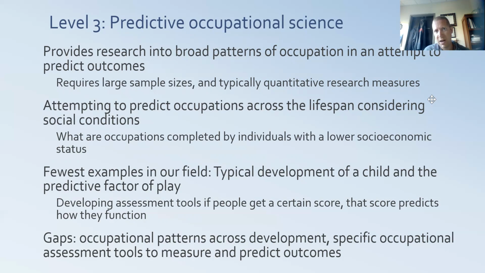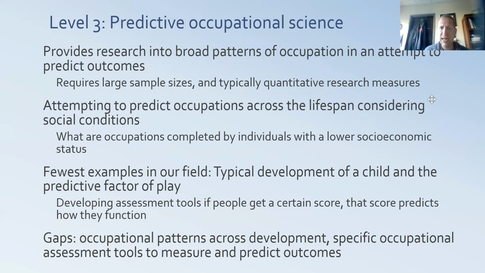So with predictive occupational science, we're trying to predict by saying, if we do this treatment with this clientele group, it's going to improve upon this. It's going to predict an outcome of some sort, whether it be better quality of life or greater levels of independence.